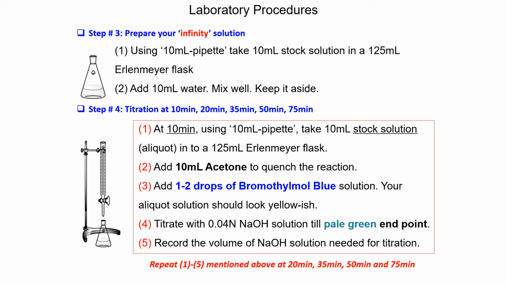We can then titrate the solution with our titrant sodium hydroxide until we find a pale green color in the Erlenmeyer flask. Most of the time this color might not be that strong, and it's better if you do your experiment on a white table, or you can put a paper at the bottom of the Erlenmeyer flask.